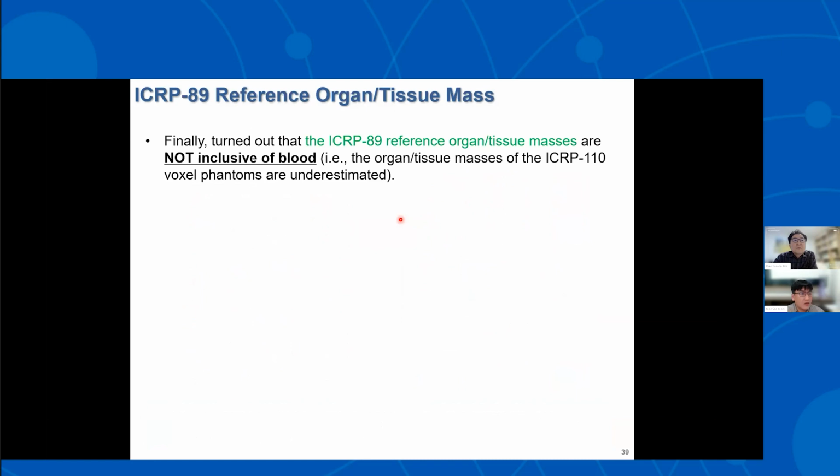But finally, it turns out that the ICRP 89 reference values that I show are not inclusive of blood. So it means that the ICRP reference voxel phantoms underestimate blood inclusive organ tissue mass intended by ICRP publication 89.